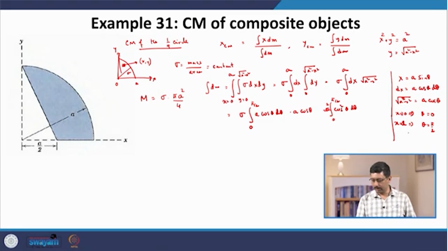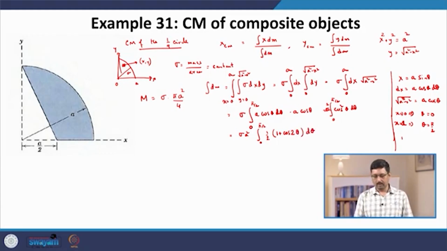Now, cos square theta is half of 1 plus cos 2 theta, so we have sigma a square, integral from 0 to pi by 2, of half times 1 plus cos 2 theta d theta. You can check that the integration of the cos 2 theta term will give you 0 when the limit is 0 to pi by 2, and the first term will give you a contribution of pi by 2. So, we get sigma a square times half times pi by 2, and you can compare this with the earlier expression; they are matching.